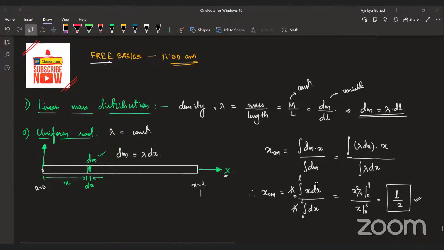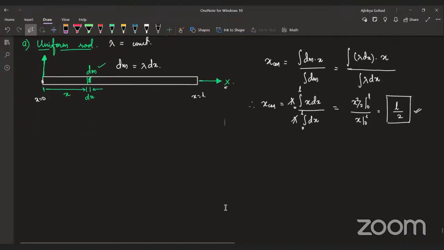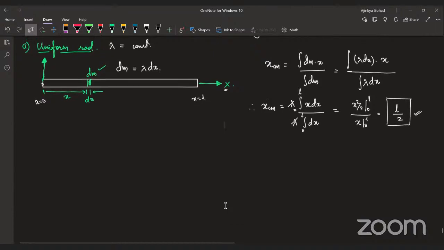Okay. So let's try and solve one such question where the lambda is variable. We have a non-uniform rod.